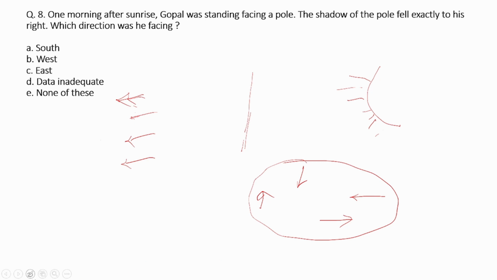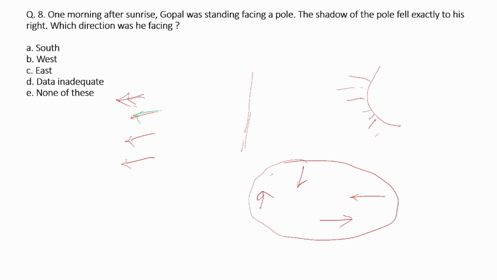So what the question says, one morning after sunrise, Gopal was standing facing a pole. The shadow of the pole fell exactly to his right. We know that the shadow falls in this direction. So the shadow of the pole fell exactly to the right.